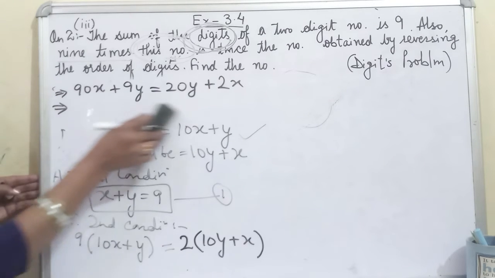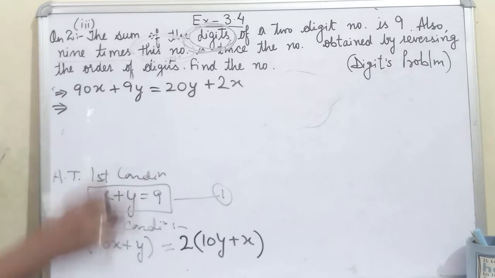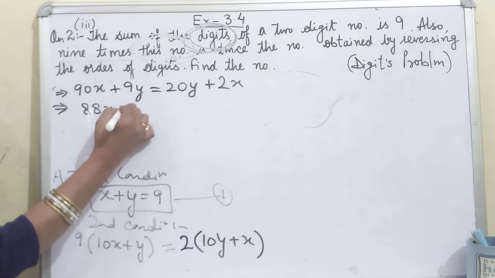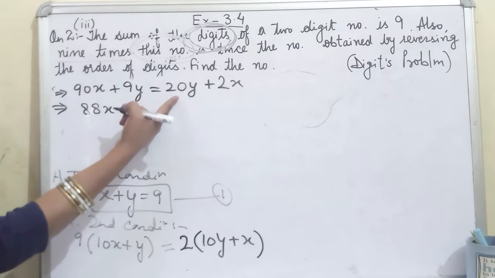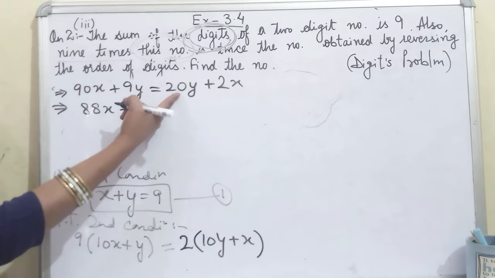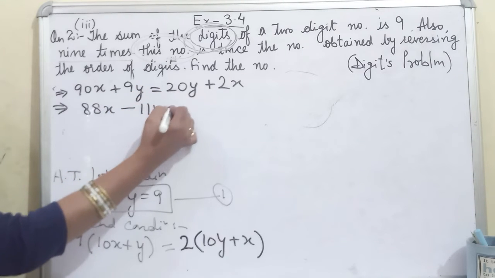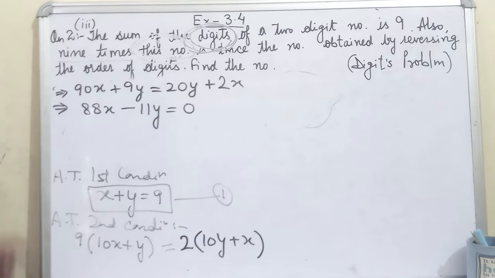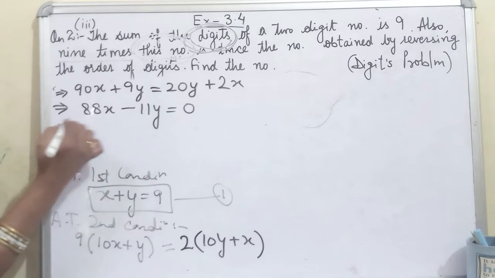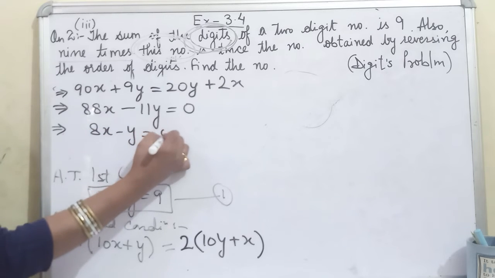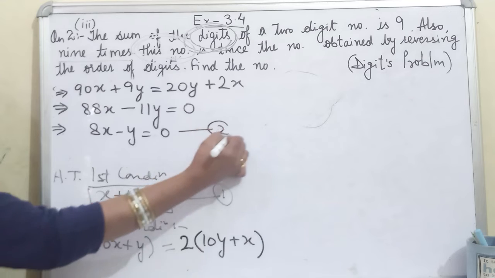What do I get here? 88x, 90 minus 2, that is 88x, and 9 minus 20 will be minus 11y, equal to 0. Can you cancel this equation by 11, because 11 is common here? So I get 8x minus y equals 0, and this is equation number 2.